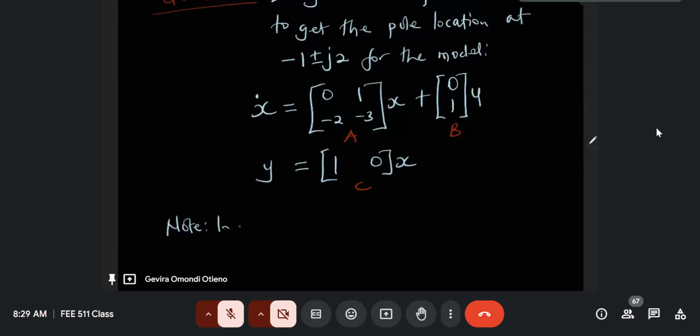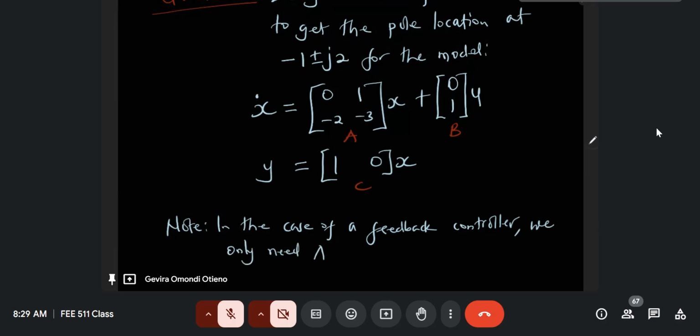However, let me just indicate here, note, very, very important. In the case of a feedback controller, like the one we are dealing with now, we only need the A and B matrices.